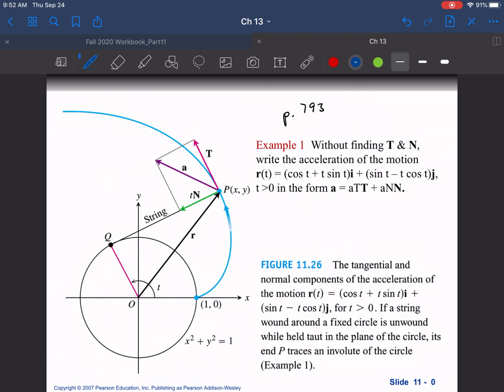If you go to page 793 in your book, you can actually find this example there to go look through and see how it works. I'm not going to go over it here because I don't have a lot of room to do it. So make sure you go look at that page 793 and walk through as they do that example for you.